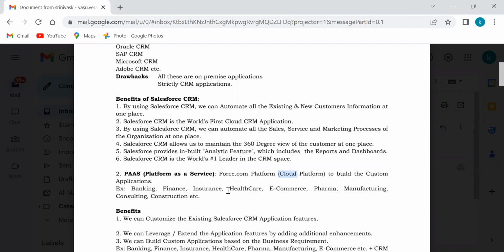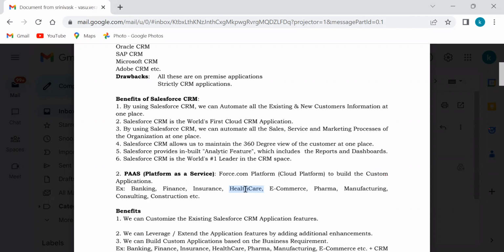For the healthcare sector, in 2016 they provided an application. Till 2016, we didn't have any ready-made Salesforce application for the healthcare industry, but very recently, in 2016, they provided this. That application can be used in hospitals to automate health-related records, such as patient information, doctor information, prescriptions, nursing-related information, and equipment.